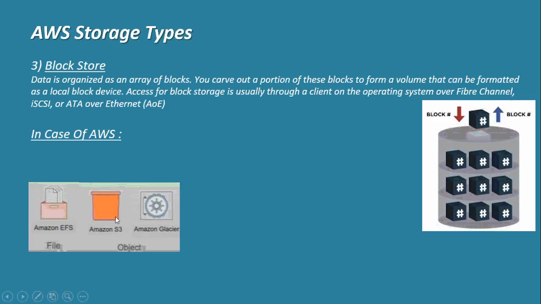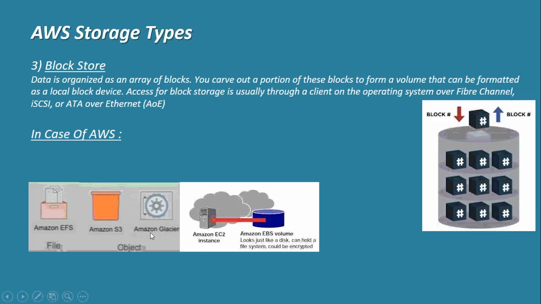S3 is for frequently accessed data, and Amazon Glacier is for archiving data and retaining long-term data. In the case of block storage, Amazon provides us Elastic Block Store volumes. It is like a disk, can hold a file system, and could be encrypted.